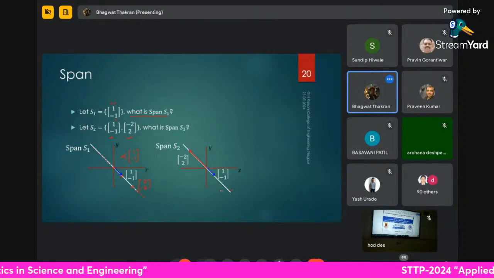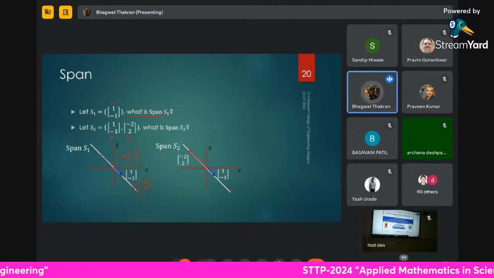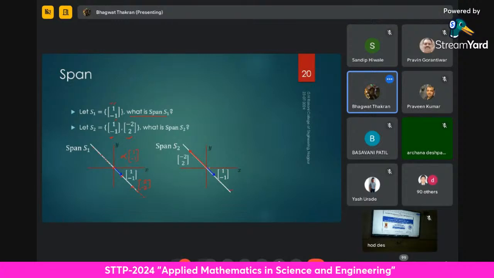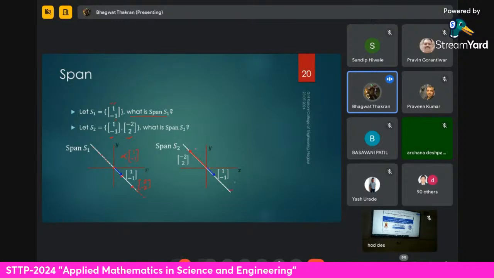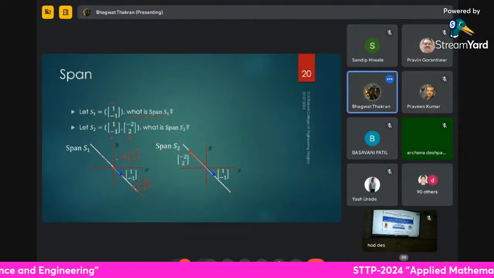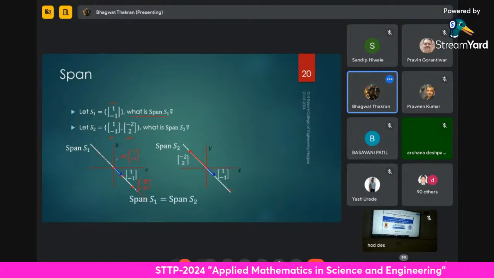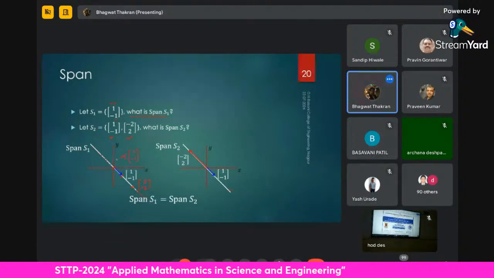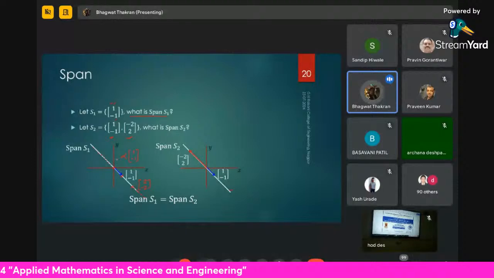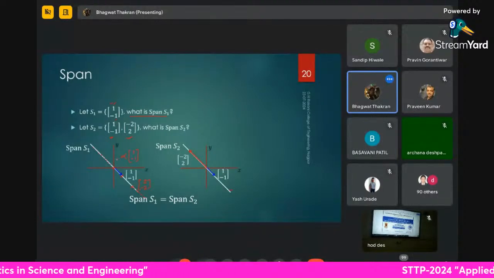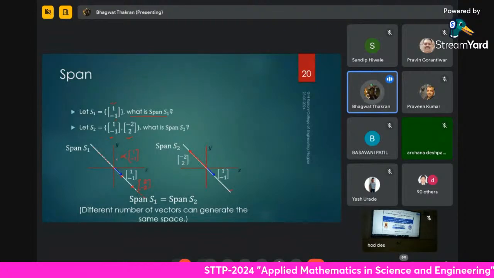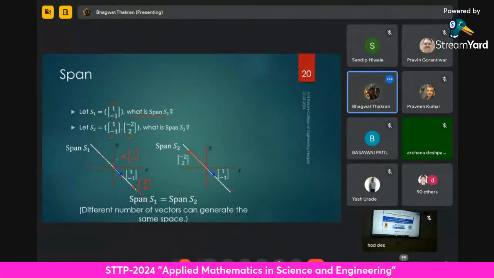So yes, I can say that the span of S2 is the straight line passing through the second and fourth quadrant. Based on this example, it doesn't matter if it contains one vector or two vectors. In this case, my span S1 is the same as span S2. So a different number of vectors can generate the same space.